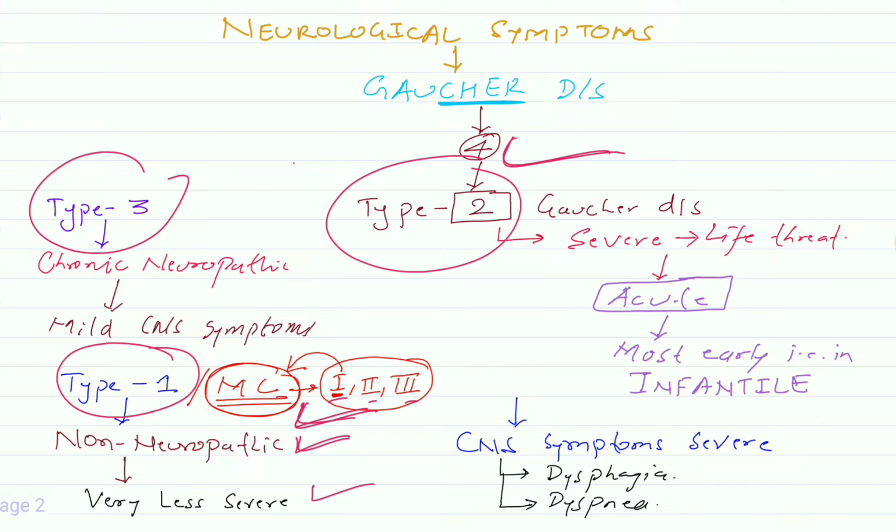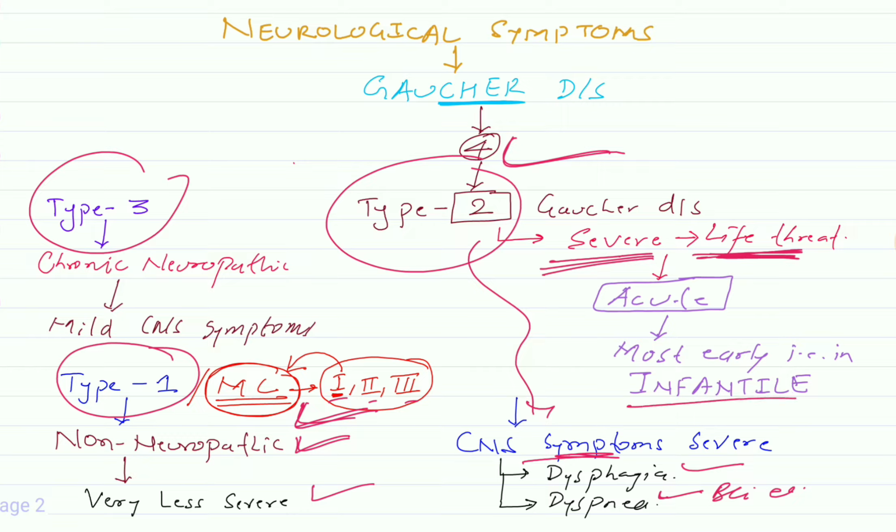Type 2 Gaucher disease is the most severe, and this is life threatening. This may cause death of the individual, because in this there are very severe CNS symptoms like dyspnea, dysphagia, blindness, and many more. And this appears early in life, that is why it is called infantile.